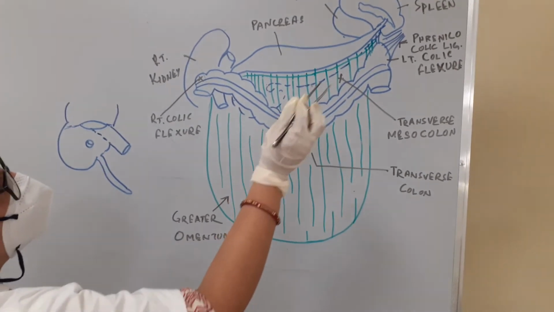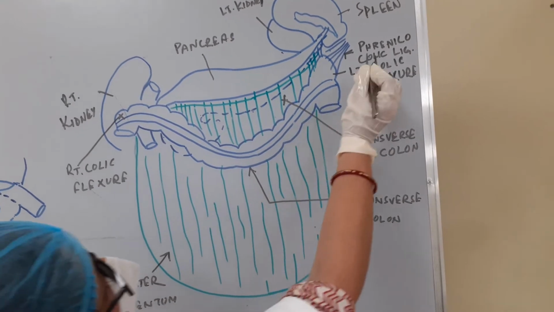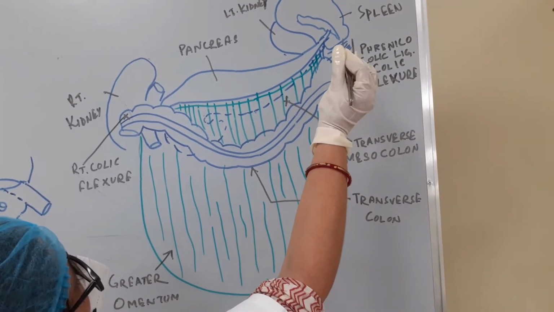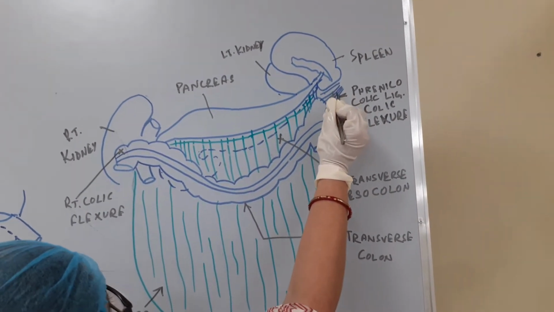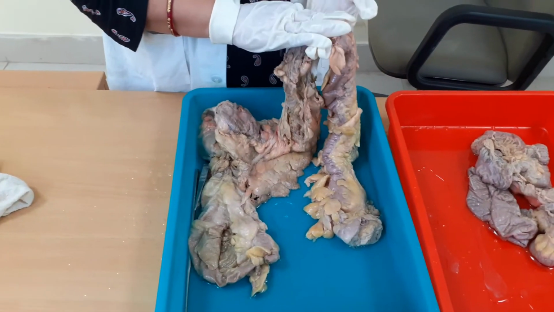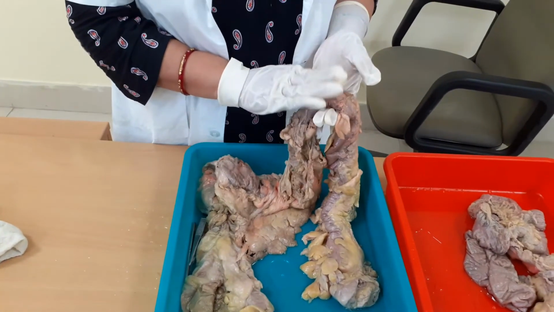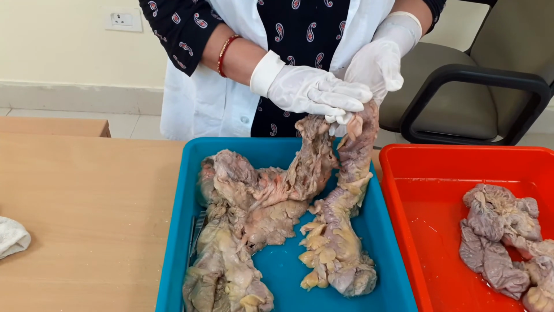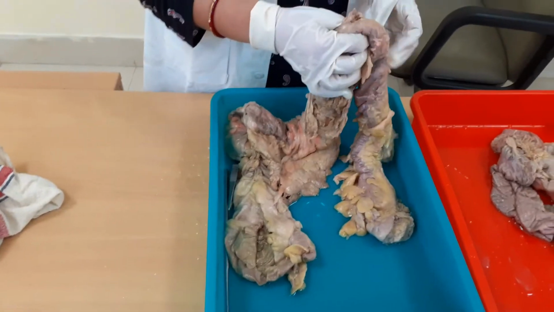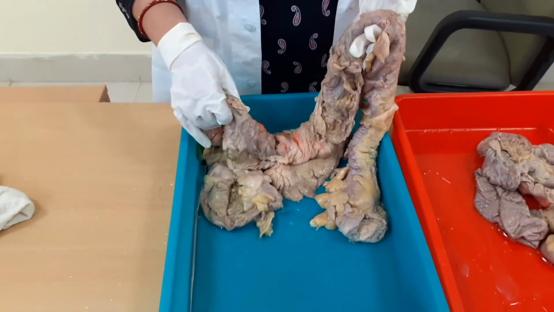On the left colic flexure, we can appreciate one ligament, the phrenicocolic ligament, where the lateral end of the spleen lies. The left colic flexure lies in relation with the colic impression of the spleen and the tail of the pancreas, and it lies more posterior than the right colic flexure.